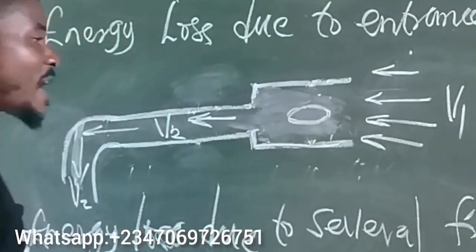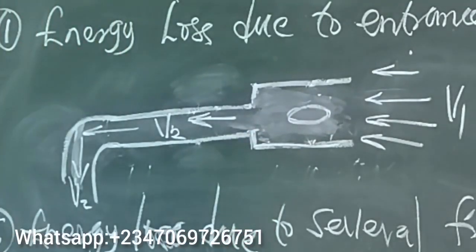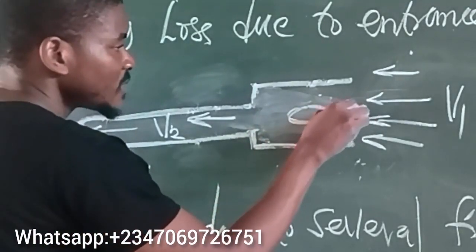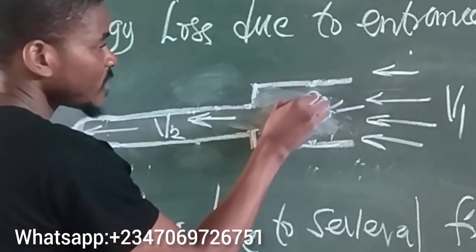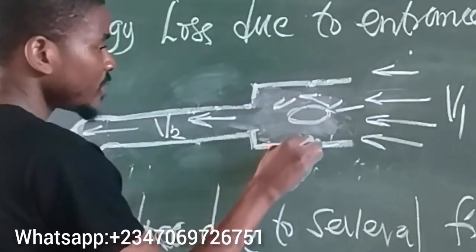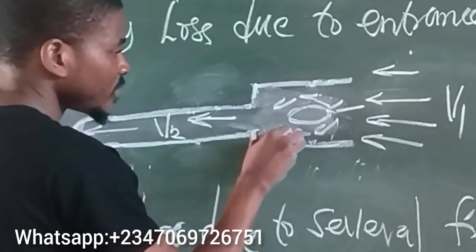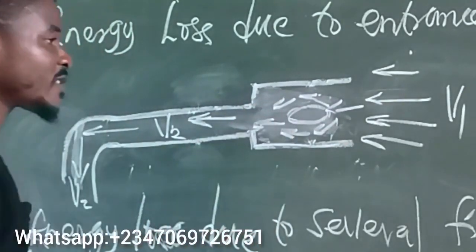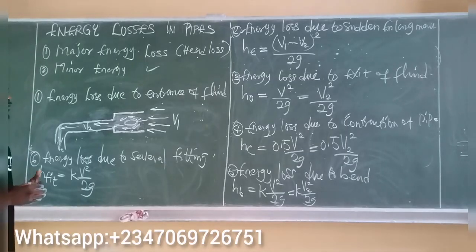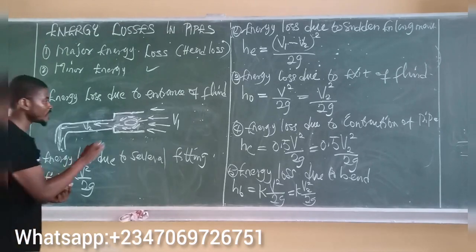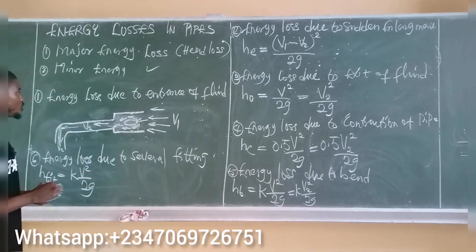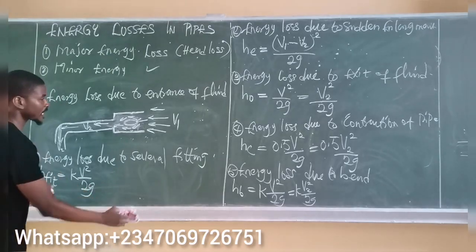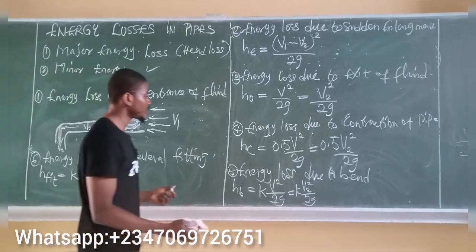As the fluid flows, this portion of the fluid at this point will have to divert to this point, and the same thing happens here. That will reduce the intensity of flow and also bring about a decrease in the energy of the fluid. So if there's an obstruction in the pipe, then we have what is called energy loss due to obstruction. And that is the final type of energy loss.